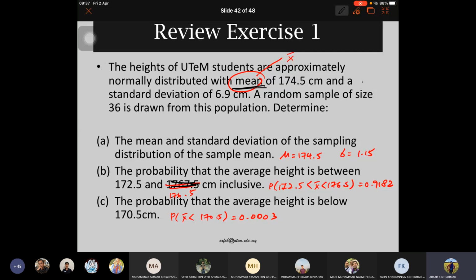Okay. The next one, review exercise 4. Oh, kita tengok review exercise 9 dah, sebab review exercise 4 ni pun lebih kurang dengan exercise yang kita dah buat sebelum ni. Okay. Dan dah salin jawapan yang ni.